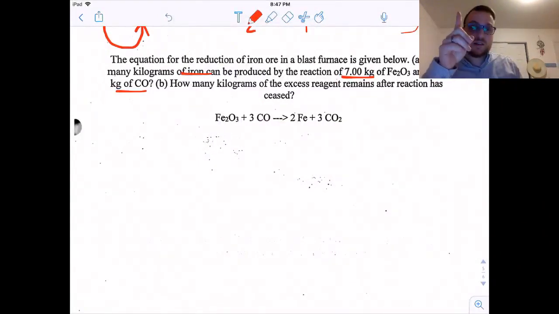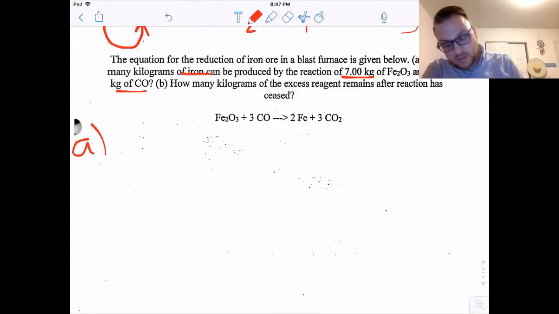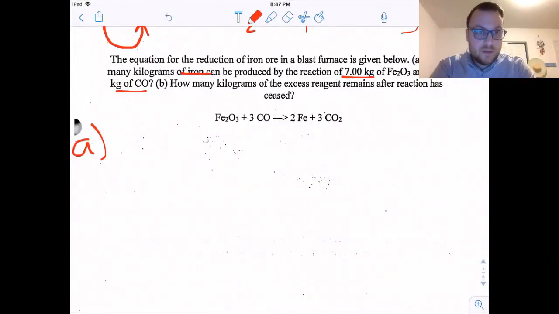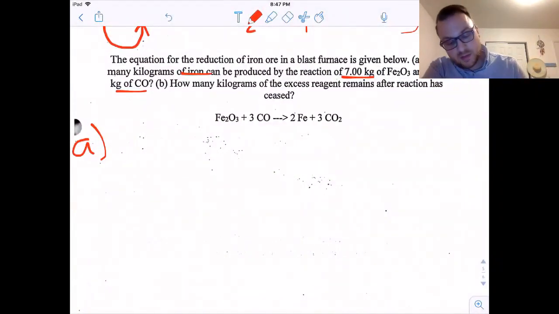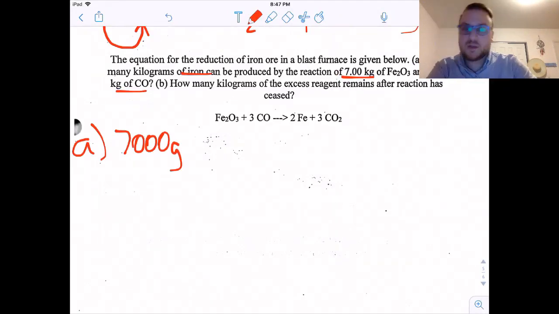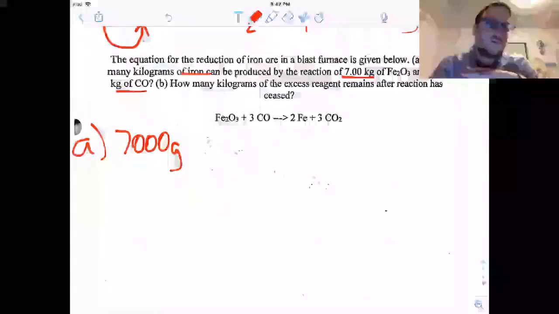And the first thing you got to do is figure out how many moles 7 kilograms of iron 3 oxide is. So 7 kilograms is 7,000 grams of iron 3 oxide. A really quick way to convert to moles from mass, you can set up your proportion, do your thing, that's fine.